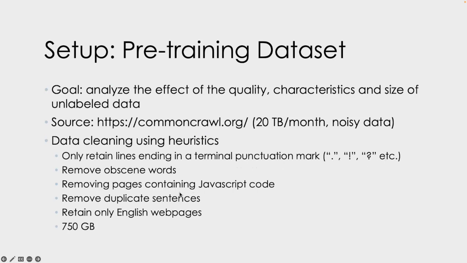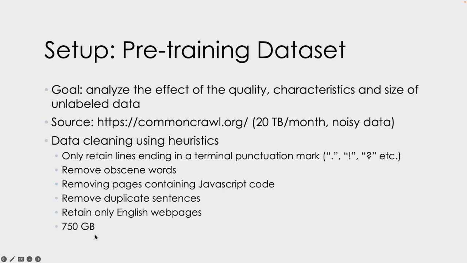It removes pages with code, it removes duplicate sentences, and it only keeps English sentences, basically using a language detection technique to filter out all the non-English text from the corpus.